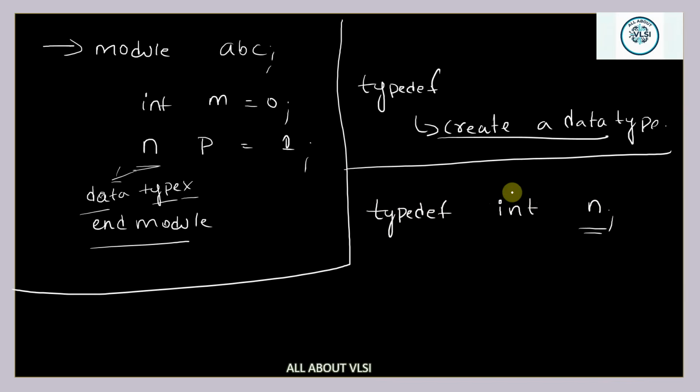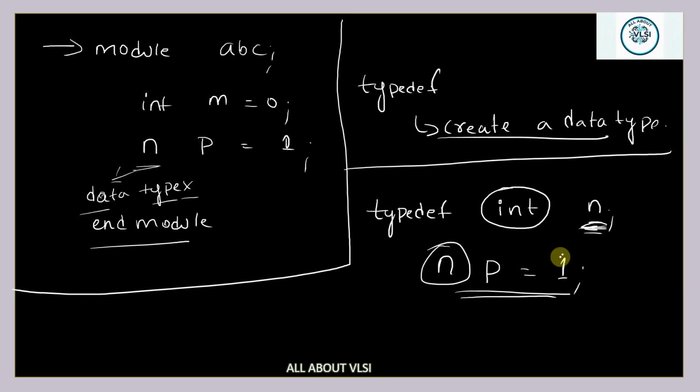Now, instead of writing int everywhere in your code, you are going to use n. If you write n p equal to 1, the compiler will understand that instead of int you are writing n. The compiler will come to know that this n is nothing but of data type int, and it is going to accept this assignment. Is it clear?